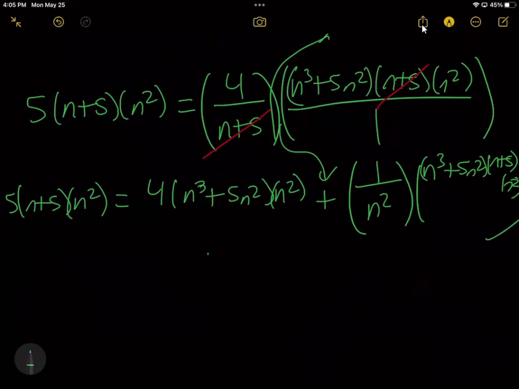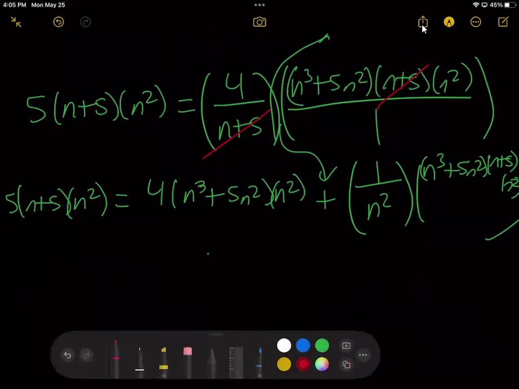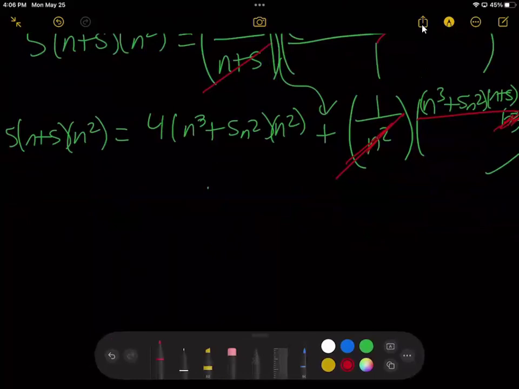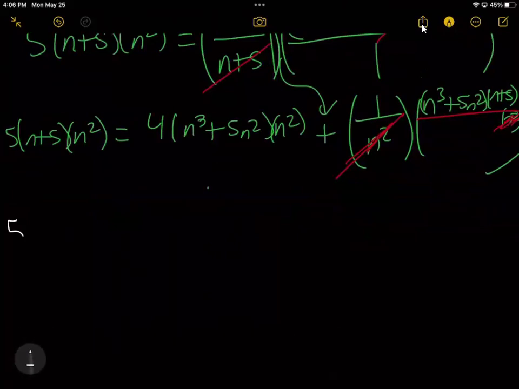Okay. And then we see what we can cancel out. You can't really see it because it's so messy, but the n squared that we pulled in our least common denominator cancels that out, and then we're left with what we're left with. And then we finally have something that we're going to combine.